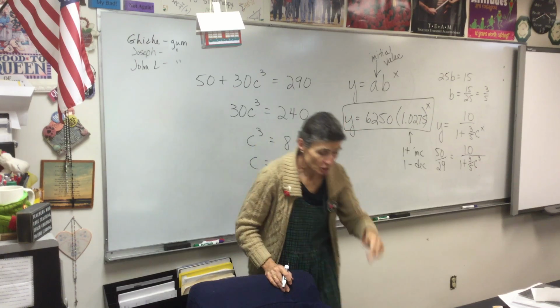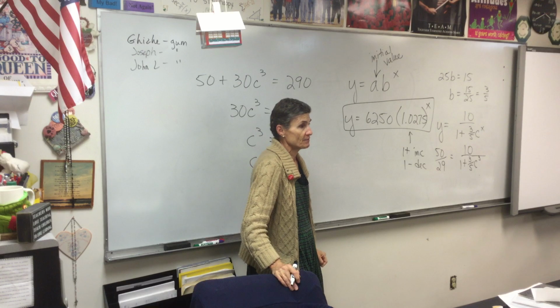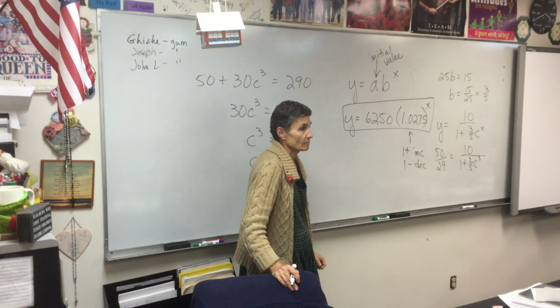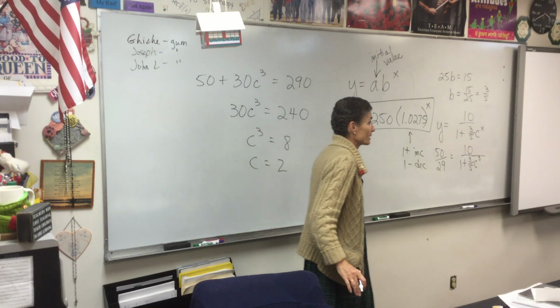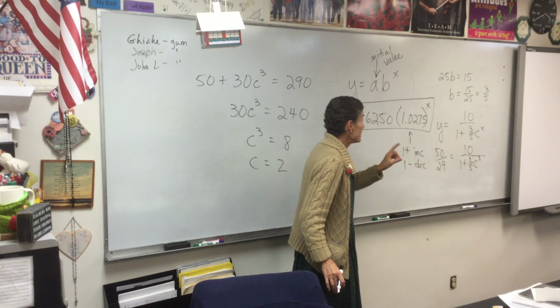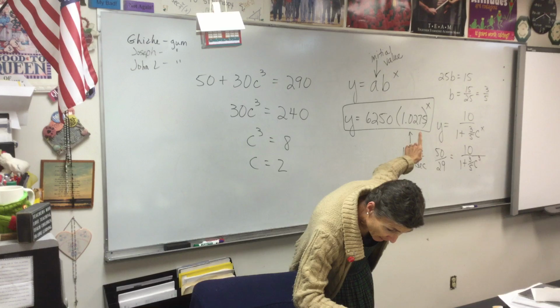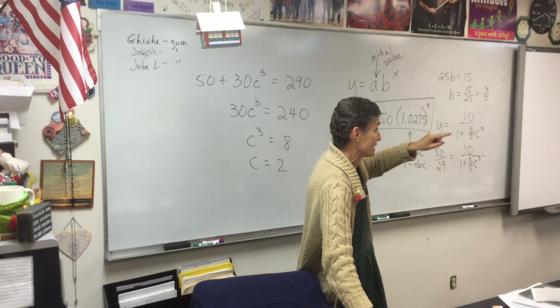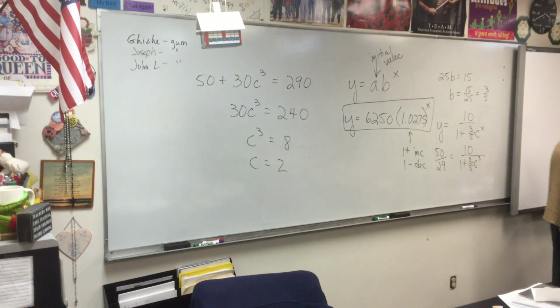All right, let's look at question A. Estimate the population in 1915. What am I going to plug in for X? Not 1915. Be careful. Because what did this represent? That was the population in 1890. So 1890 is like the 0 point.